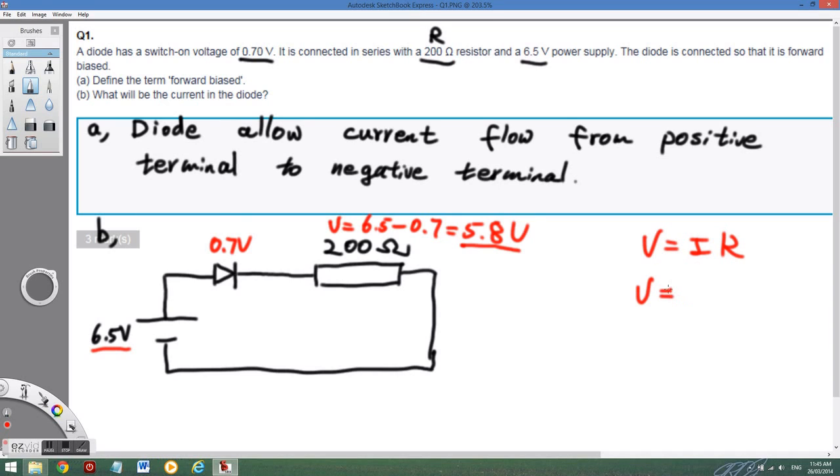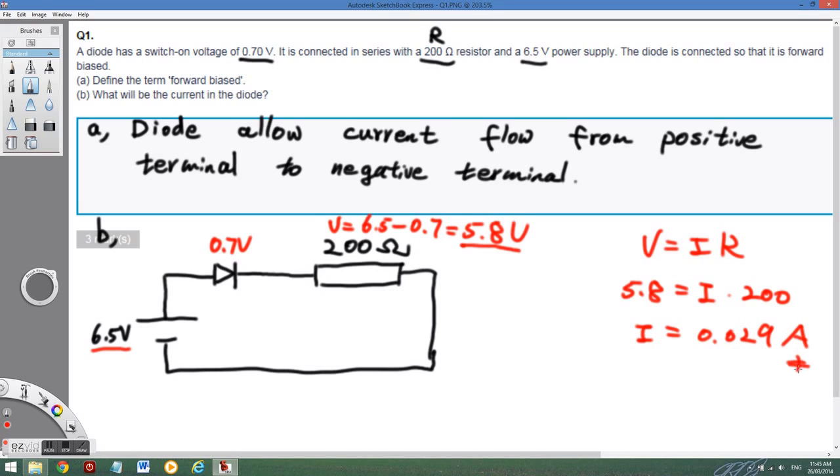So put all the values in, 200. The current will be 0.029 amps.